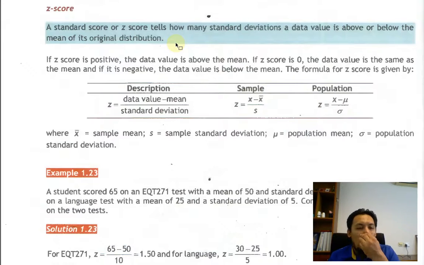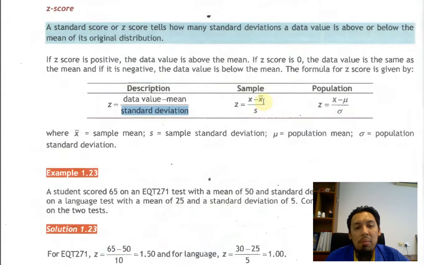Okay, let's see how to do that. So this is the formula you have for sample and for population. The formula is actually similar. It is your data, subtract the mean, over standard deviation. That is how to calculate it. In terms of sample, it is x minus x bar over s.